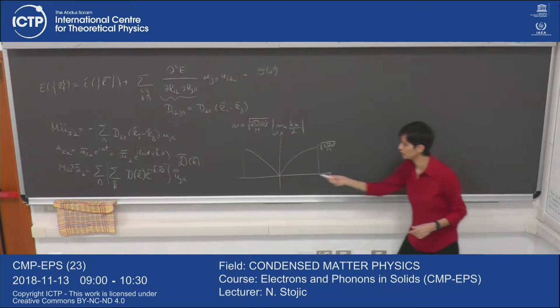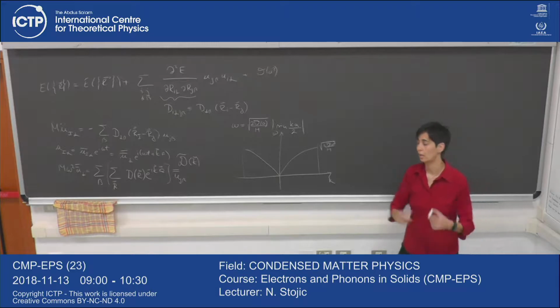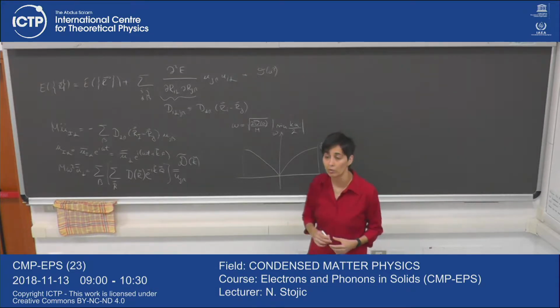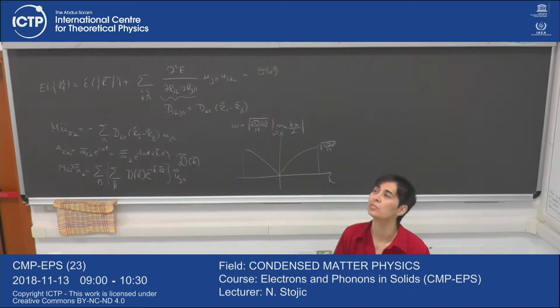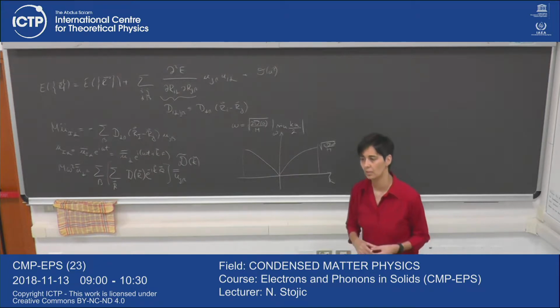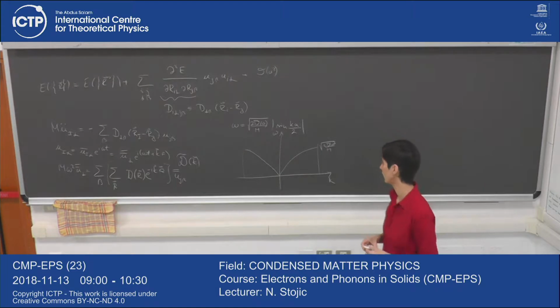We discussed the limit when k goes to 0 as the long wavelength limit. The wavelengths of the audible sound to humans are between a few millimeters, like 20 something, up to 17 meters. So this is the sound that we can hear.